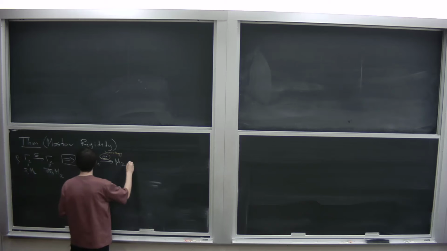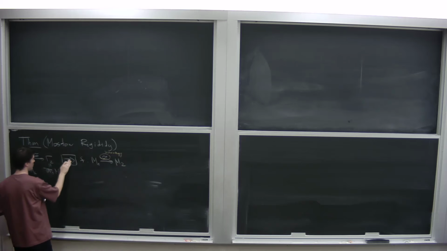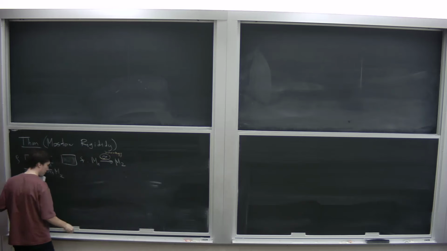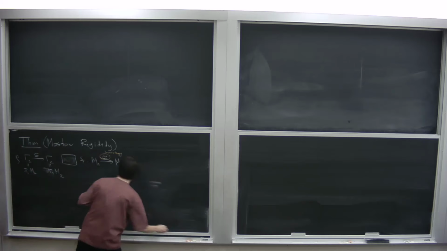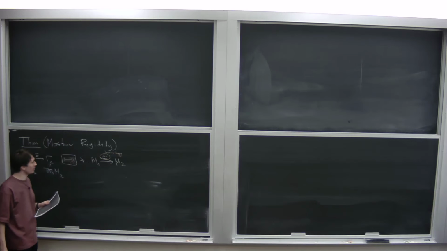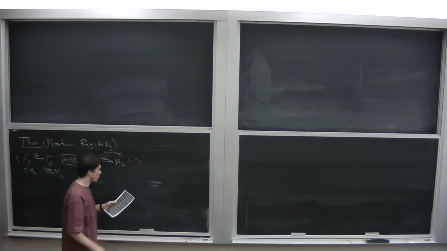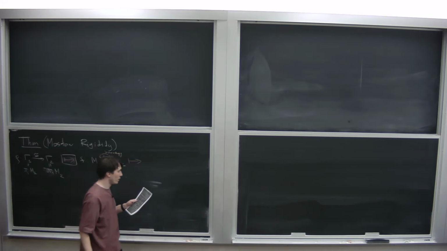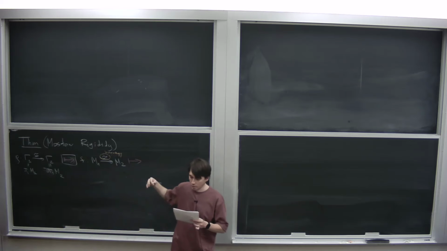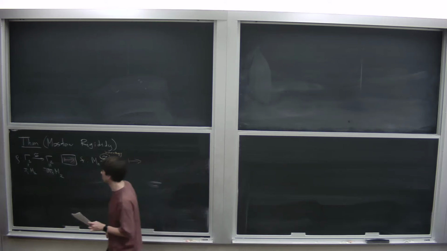All right, then I will denote the steps not as standard implication arrows, but as a step arrow. The next step is to show that I can lift it to a smooth homotopy of the universal covers.